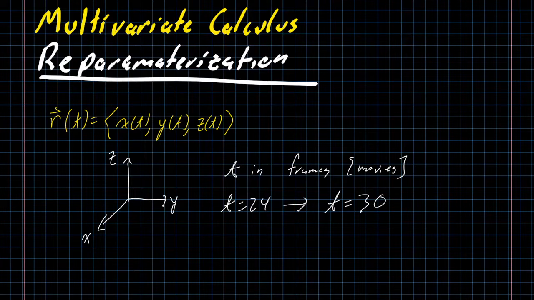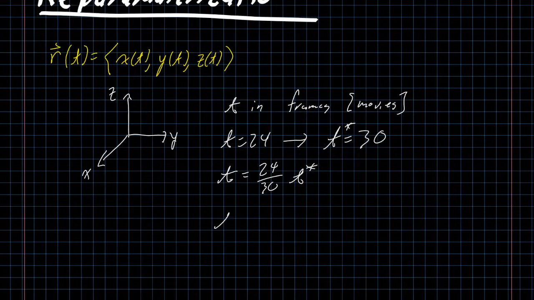So if I want to map t in frames of a movie to t star in frames of a TV show, I know that t equals 24 has to map to t star equals 30. Or in other words, t should be equal to 24 over 30 times t star. And we can reduce that fraction. They're both divisible by 6.